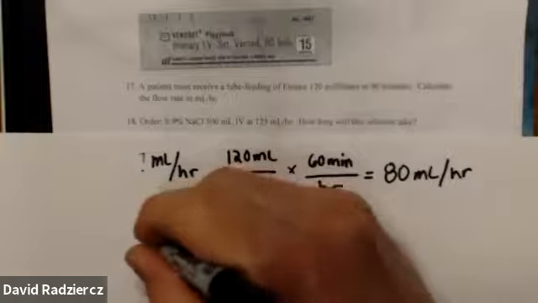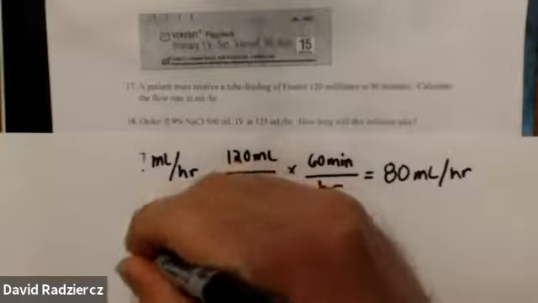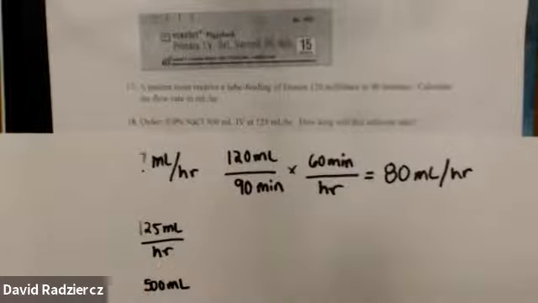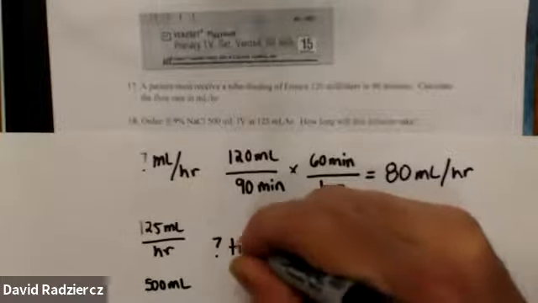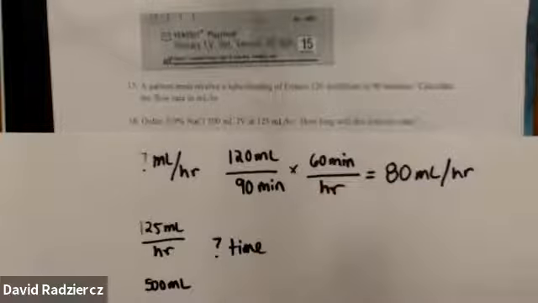What I mean by that is it gives us the flow rate. It says 125 milliliters per hour. We also know we have a 500 milliliter IV. And then we want to know how long before that 500 milliliters runs out if it's infusing at 125 milliliters per hour. So again, when I'm doing these flow rate type questions, I prefer to use, and again, it's my preference, if you have another way and you're getting the same answer, you're not doing it wrong.